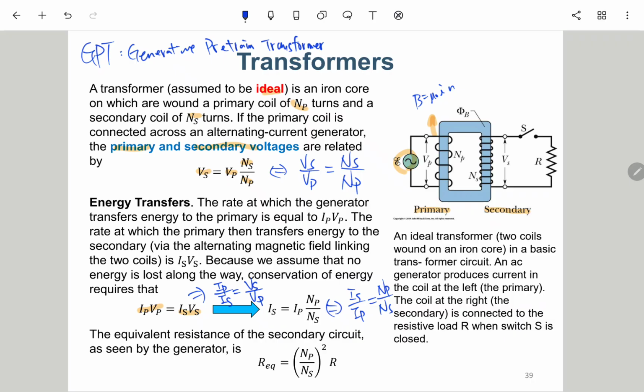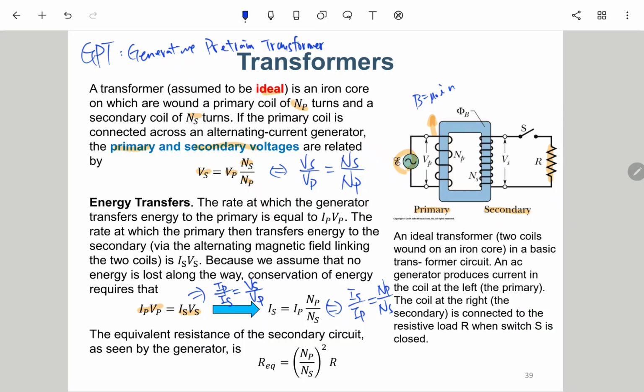Okay, so in that case, there will be an interesting property, which is R equivalent. For the secondary coil, we assume that after we deliver the power, this power will be consumed by a load.